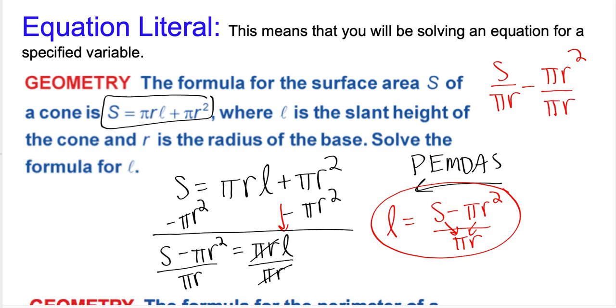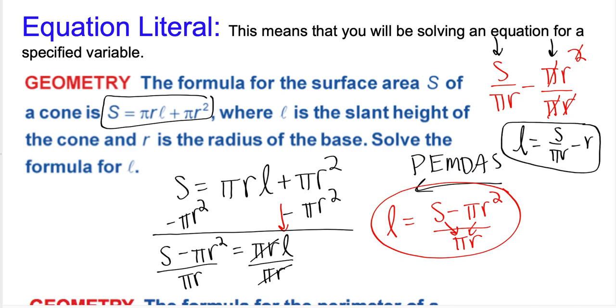And then I simplify it a little bit more, okay? I can't simplify this piece right here, but I can simplify this one. The pi's are going to go away, and one of the r's is going to go away. So your secondary answer will be L equals S over pi r minus r, okay?